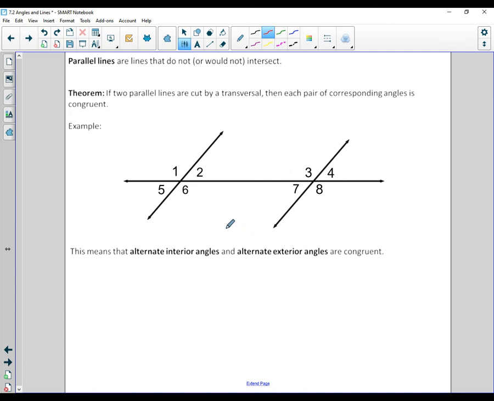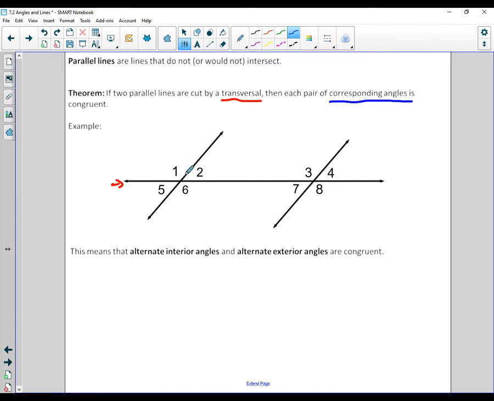All right, parallel lines are lines that do not or would not intersect if they went on forever. So I'm going to assume that these two lines right here are parallel. And then we have this other theorem that kind of carries us through this section: if two parallel lines are cut by a transversal, the line that cuts two other lines, then each pair of corresponding angles is congruent.